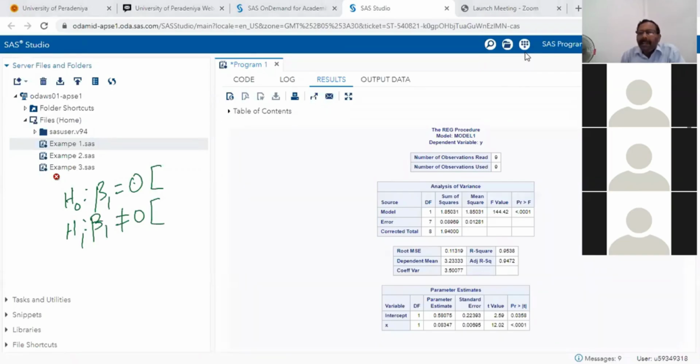What do you mean by beta 1 is equal 0? We'll have to tell everything in words. If I go and tell a farmer beta 1 is 0, beta 1 is not equal 0, the farmer doesn't understand, no? Even a non-statistician will not understand. So how can we say this?